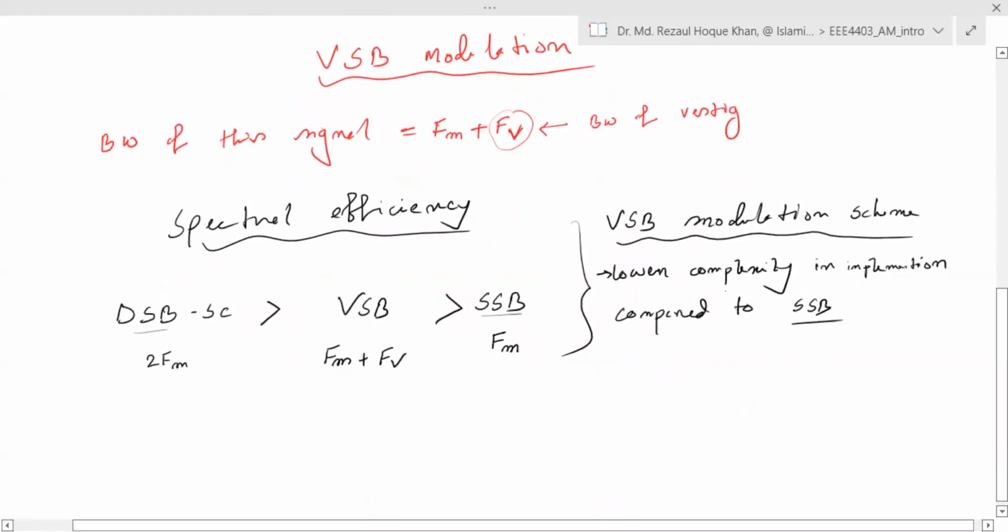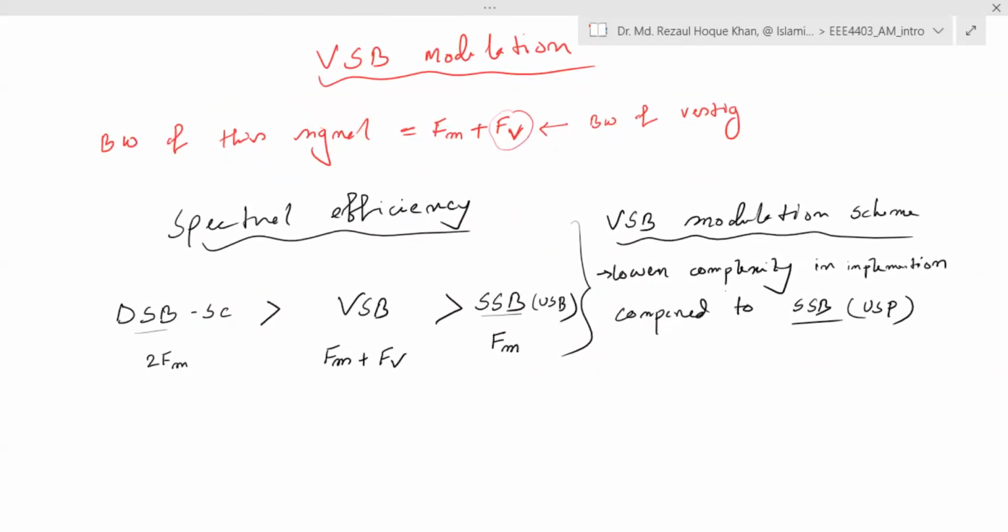In our example, we used the upper sideband as the SSB. It can also be the lower sideband, same thing, because it does not need an ideal filter. The requirement of ideal filters is very high.